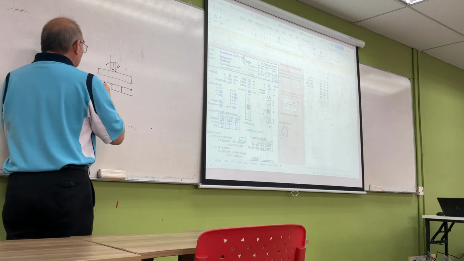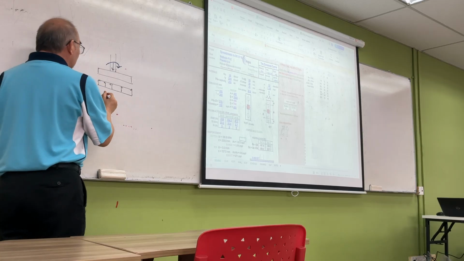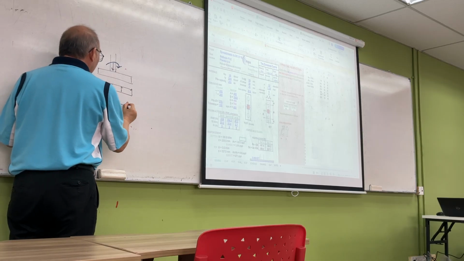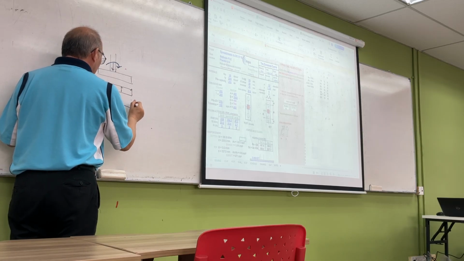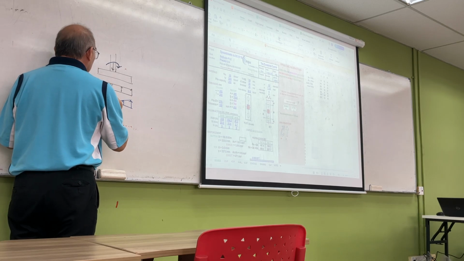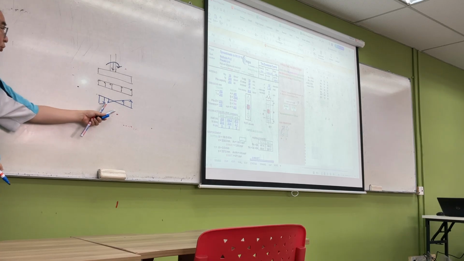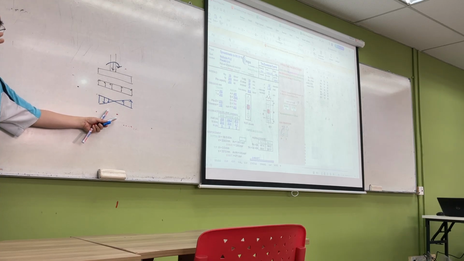Now, here, let's say this is a bending moment. So the bending moment will cause a pressure diagram like this. This is the stress diagram of a bending moment, right?